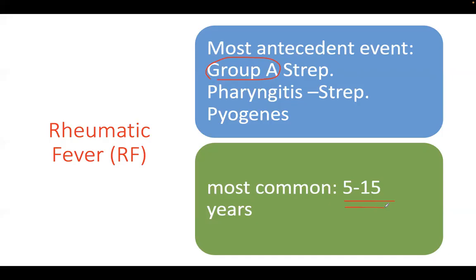Therefore, you should see it in the pediatric age group. The adult patients we see are usually patients with long-standing rheumatic fever who now develop cardiac complications, and that is what we call rheumatic heart disease. So the most common age group is 5 to 15.